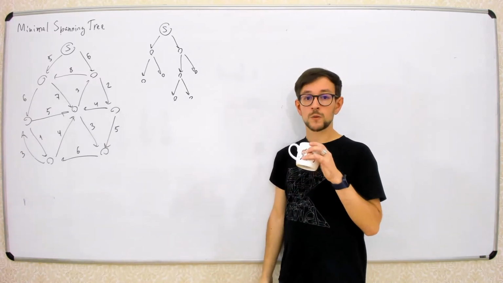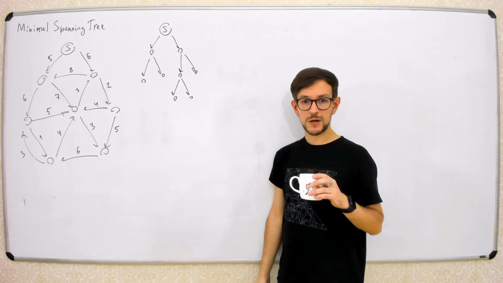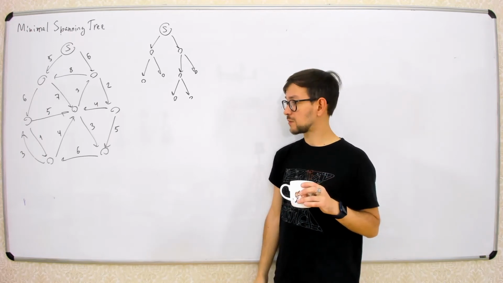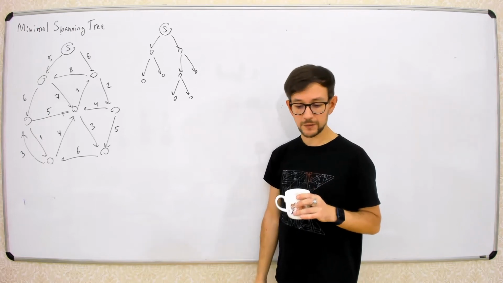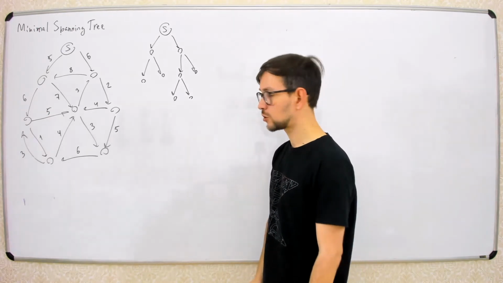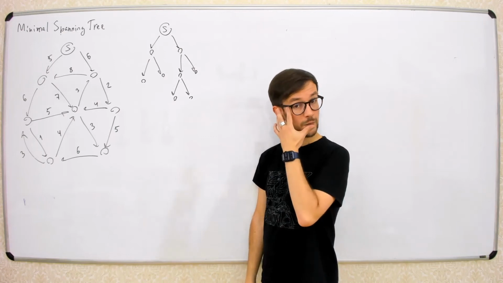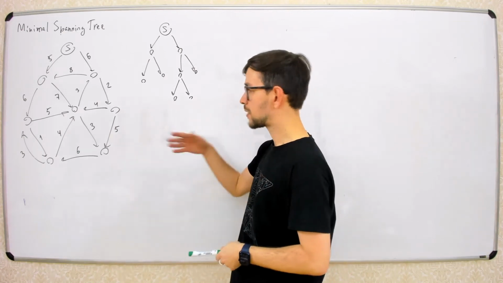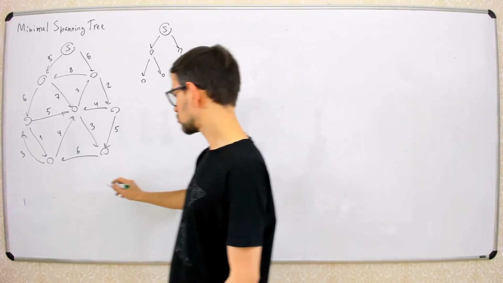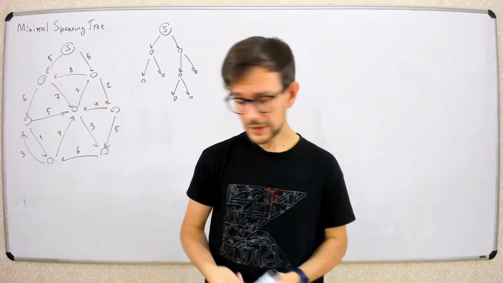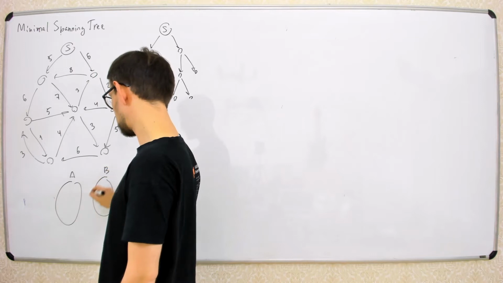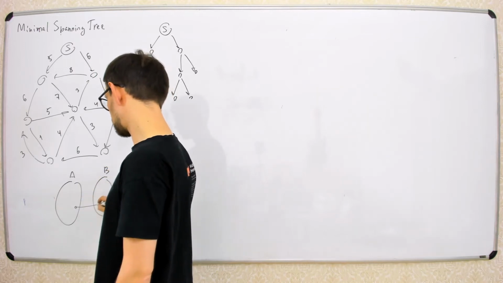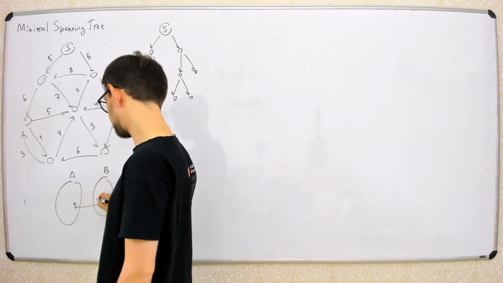So the problem looks kind of the same as the minimal spanning tree, but unfortunately it's much more complicated. Why is it more complicated? Because you don't have the lemma like before. If you try to apply the same lemma, you have this set A, you have this set B, and you try to find this directed edge UV.